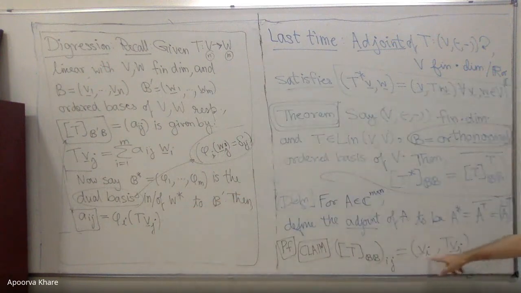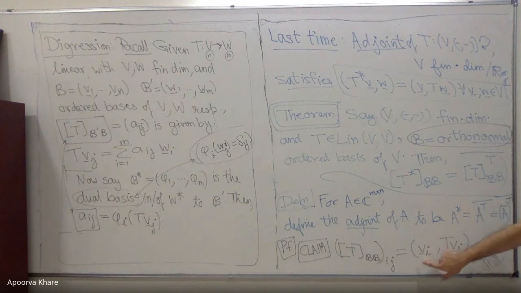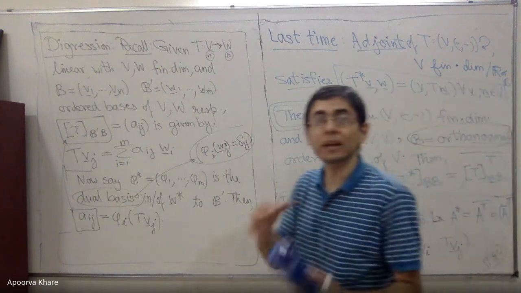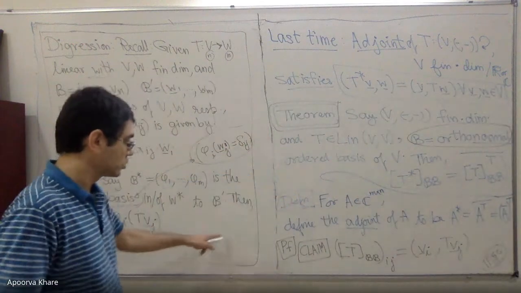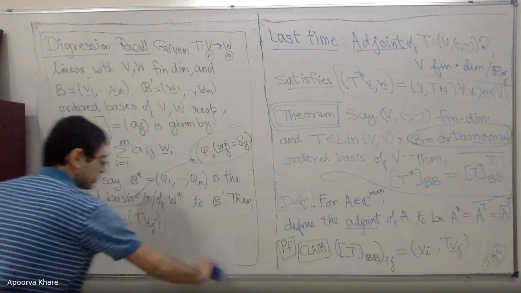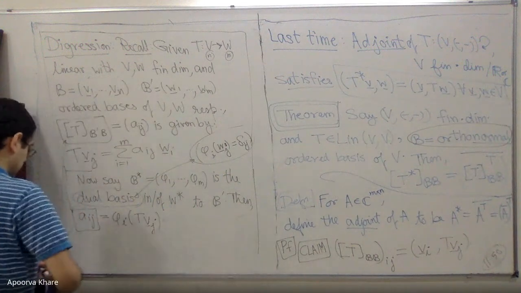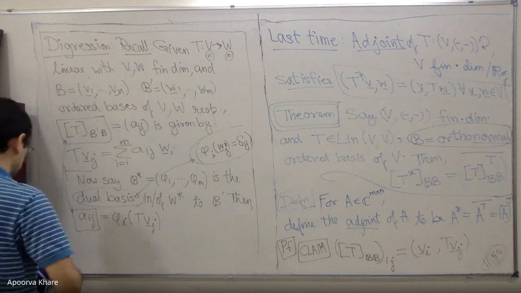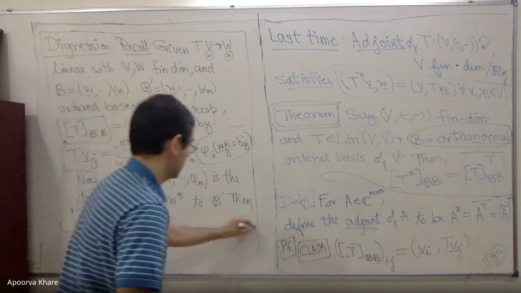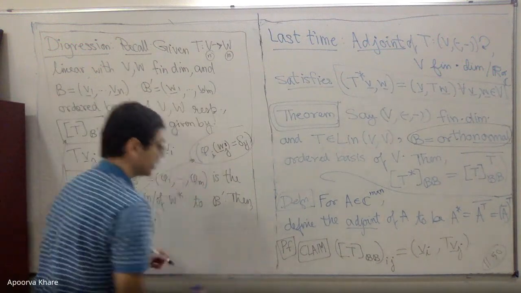Now, in this case, what are we doing? We are still having T v_j, but we are applying not phi_i, but v_i bar, so the inner product against v_i. So the real question, so to prove the claim, let me close the box here. Okay, so the proof of the claim.